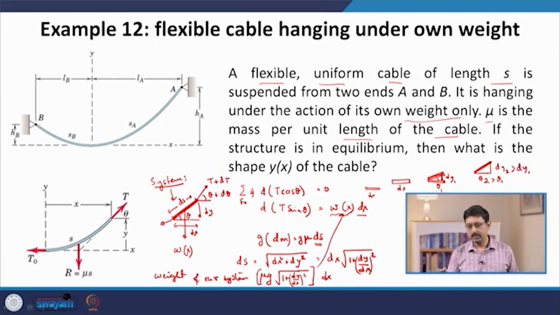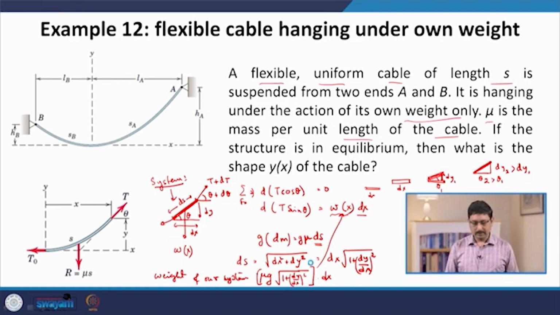The vertical elevation is more, which means that to cover the same dx, the piece with a slightly higher elevation must be longer, which means its mass must be larger, and hence its weight is also greater. This is reflected by the factor 1 plus (dy/dx) whole square. So, this is the effect of the mass of the rope.